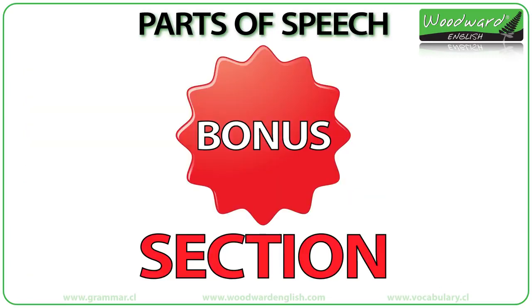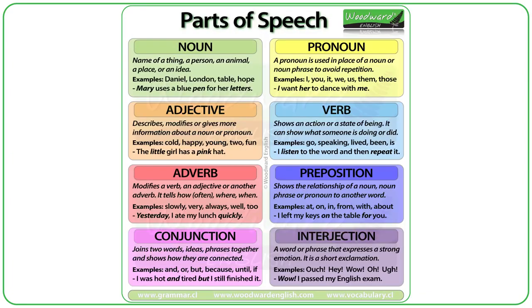Bonus section. Thank you for watching up until now. So, in traditional English grammar, there are 8 parts of speech: nouns, pronouns, adjectives, verbs, adverbs, prepositions, conjunctions, and interjections. But sometimes teachers include a 9th part of speech, or a 9th word class.